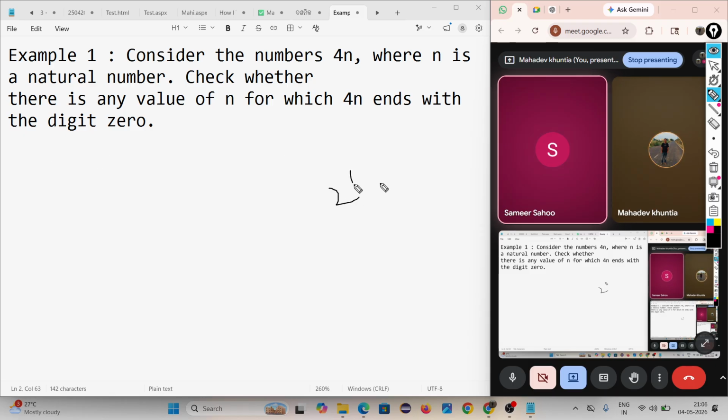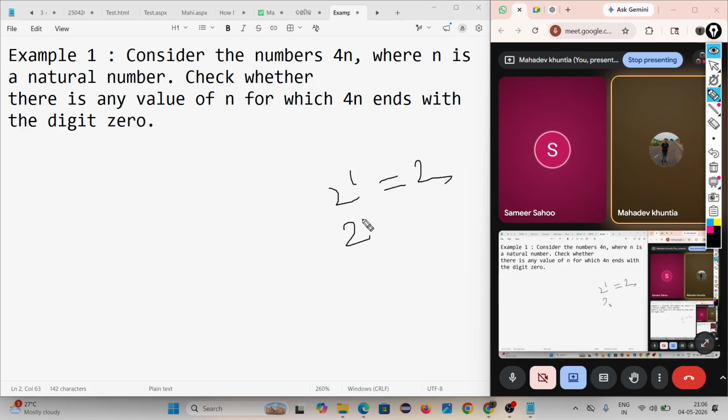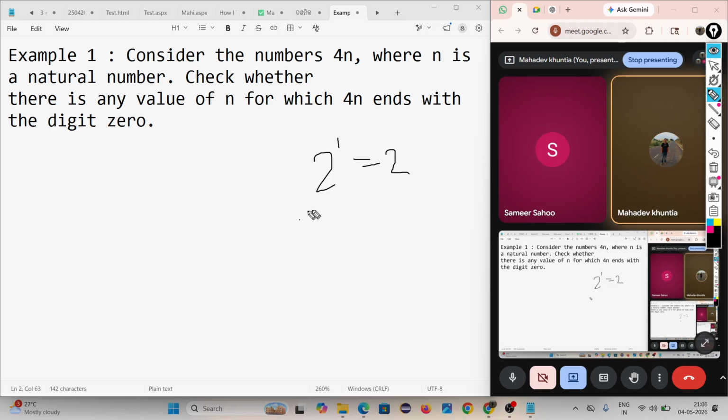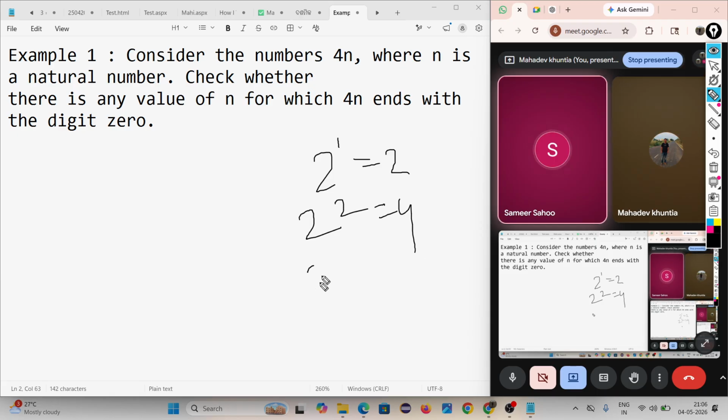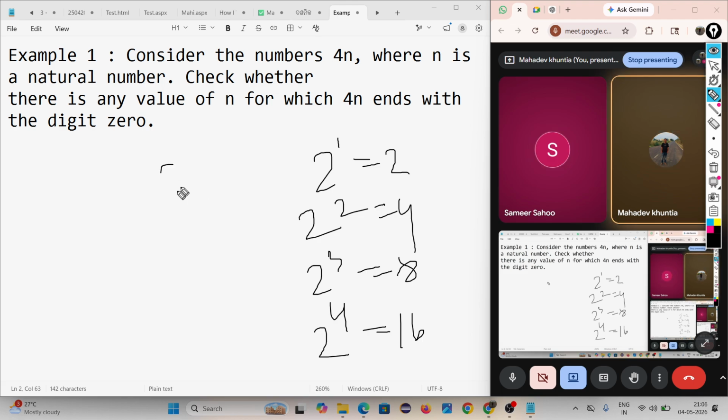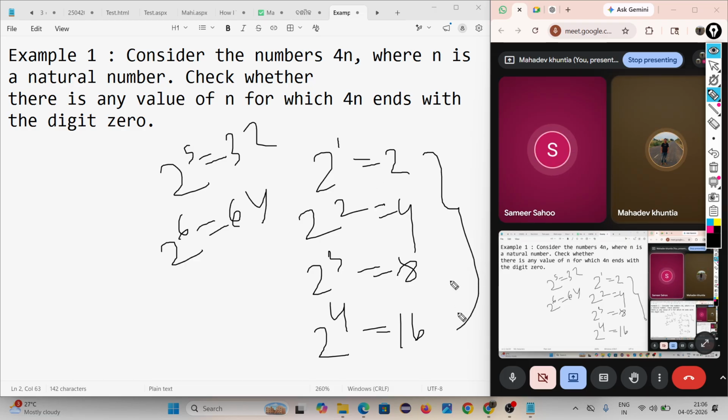Now 2. 2 power 1 is 2, 2 power 2 is 4, 2 power 3 is 8, 2 power 4 is 16, 2 power 5 is 32, 2 power 6 is 64. Look, after some time the digits are repeating.